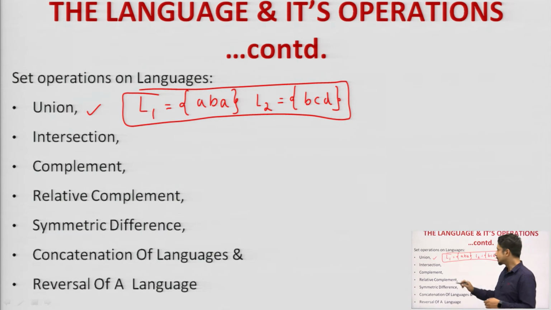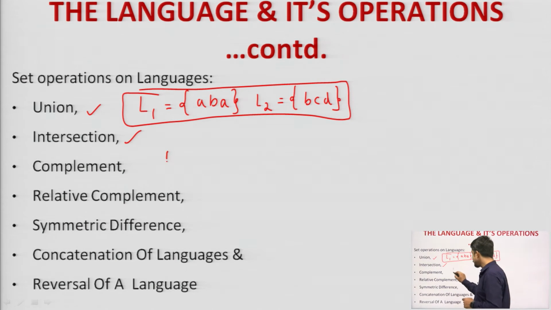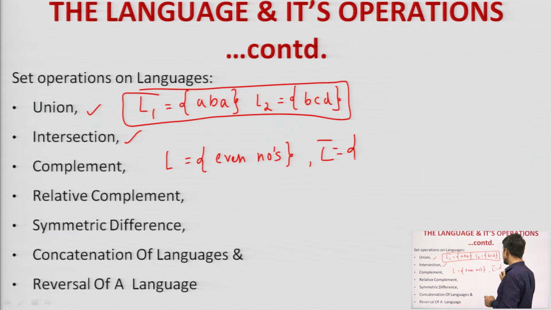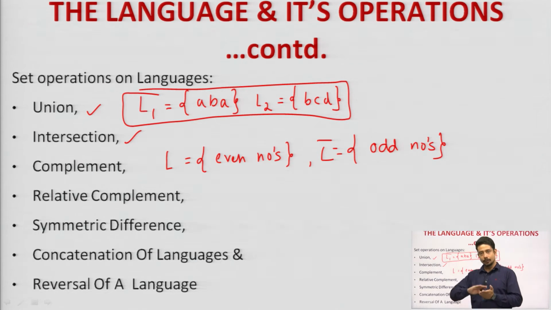That is as simple as that. Complement, what is the meaning of complement? Suppose L is a language of even numbers, or length equal to even. Then L complement will be just vice versa, odd numbers. That is it. So, complement means vice versa.